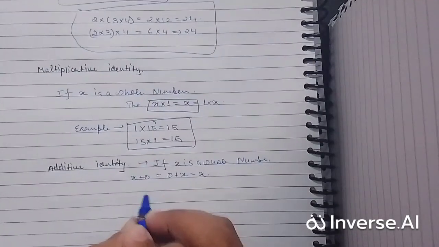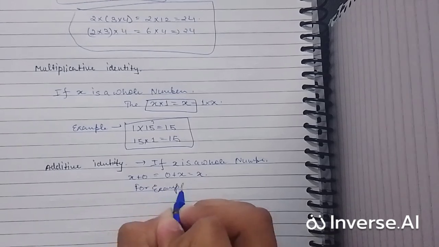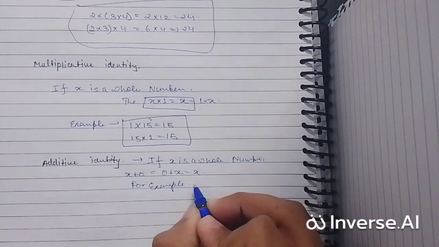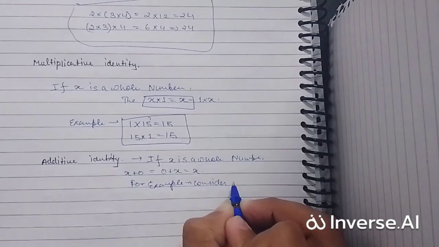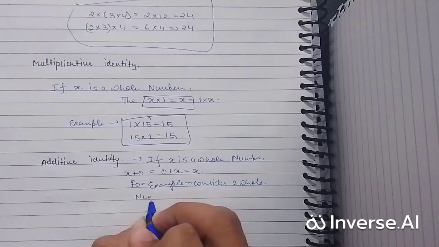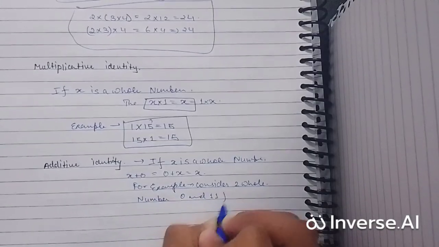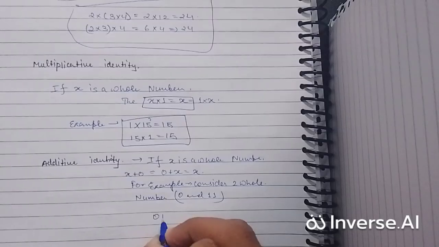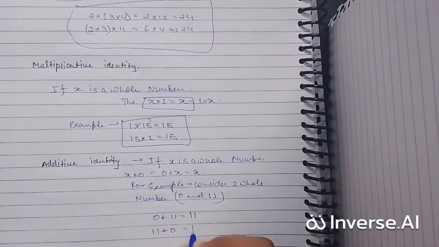For example, let's consider x as 11. Consider two whole numbers like 0 and 11. So 0 + 11 = 11, and 11 + 0 = 11.